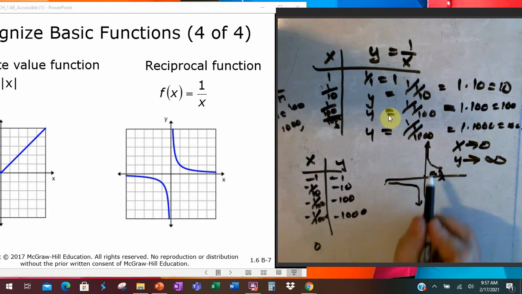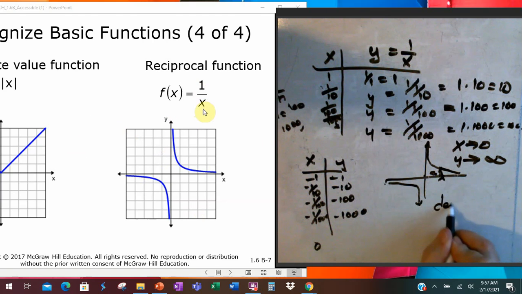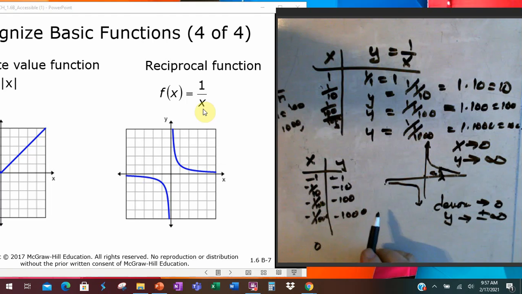And here we know, and that's that graph. This concept of when the denominator starts getting close to 0, as the denominator goes to 0, the y is going to either blow up in the plus direction or the minus direction.